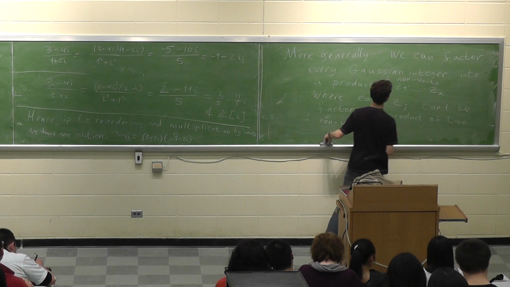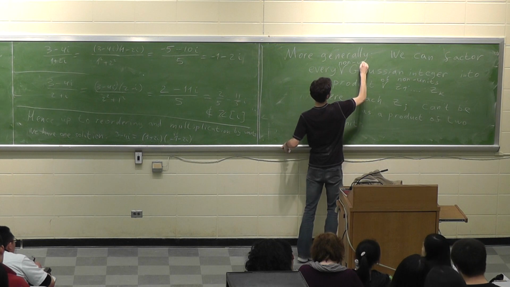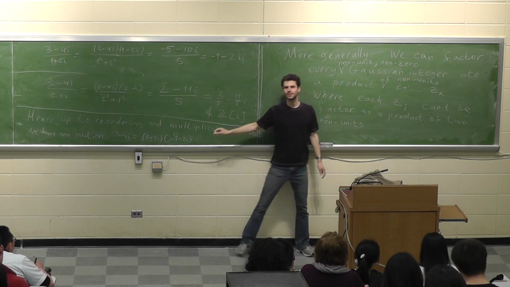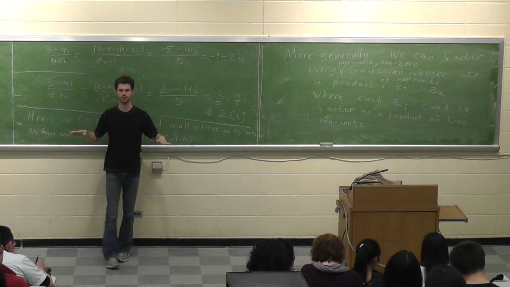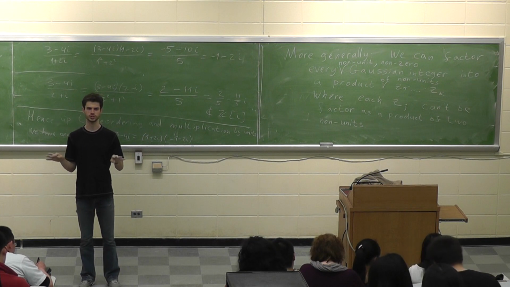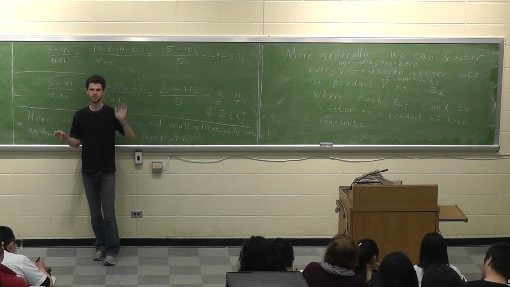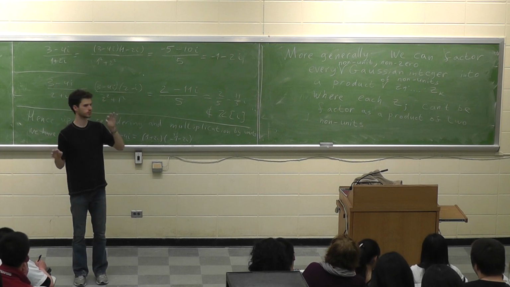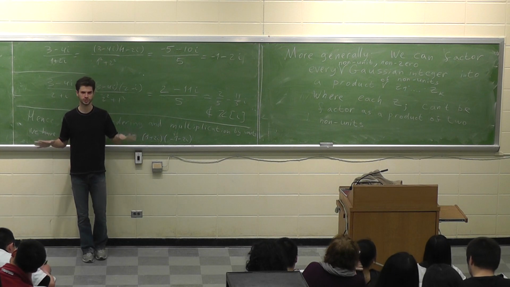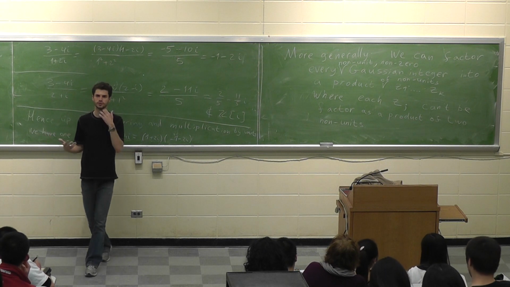So once again, we start with the Gaussian integer and we perform the following algorithm. You try to factor it as a product of two non-units. If it is not factorable, stop here. If it is factorable, if it is z times w, then apply this algorithm to z and to w. You'll get the product of irreducible factors for z and for w, combine them. So the question is, why will we ever stop?